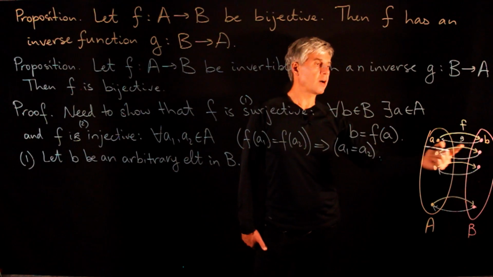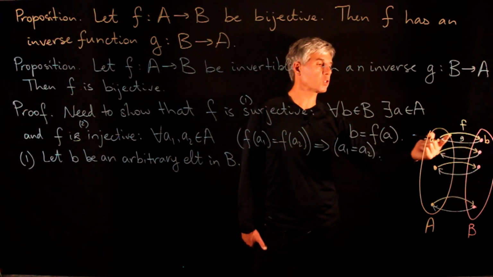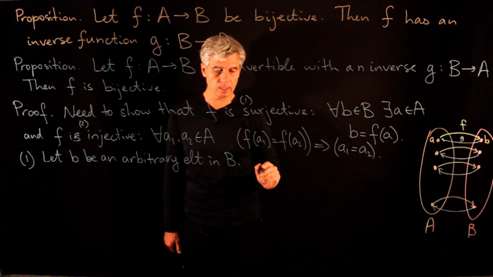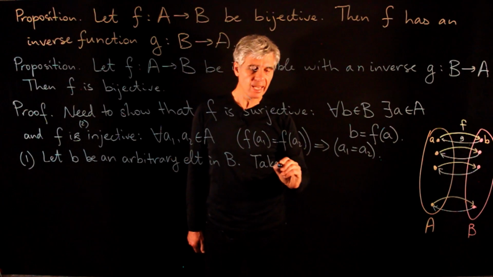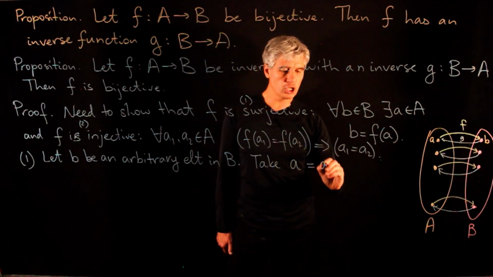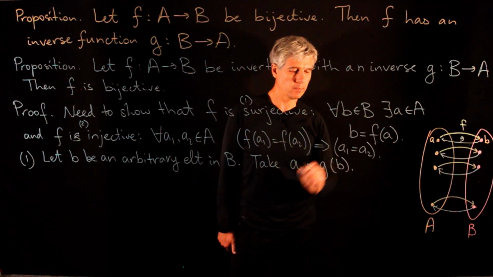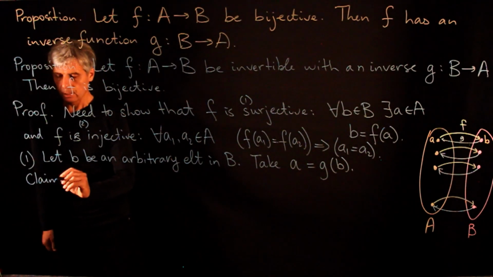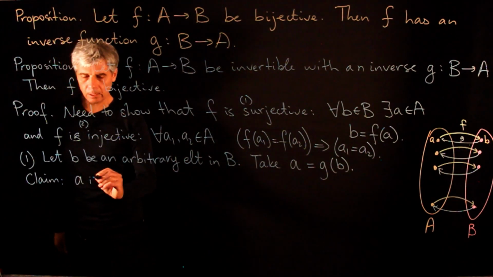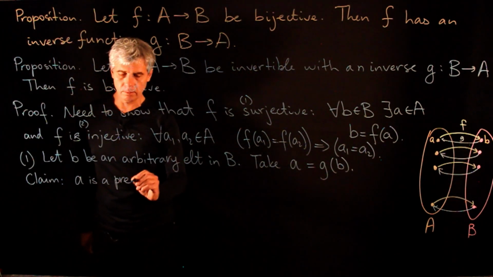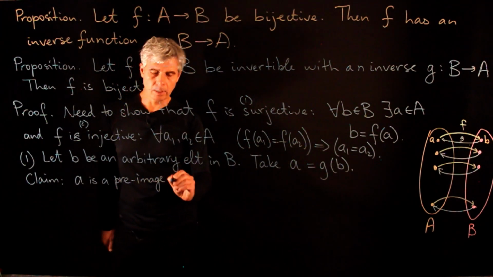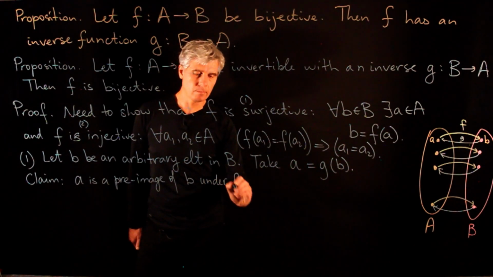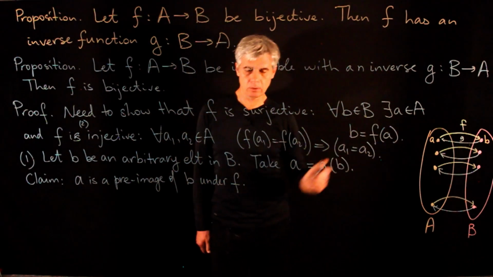This pre-image may be obtained by applying the inverse function to b, and we said that we have an inverse function. So we take a to be g of b. We claim that a is a pre-image of b under f.